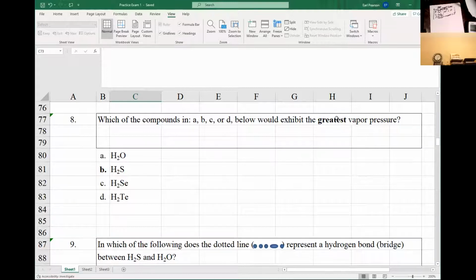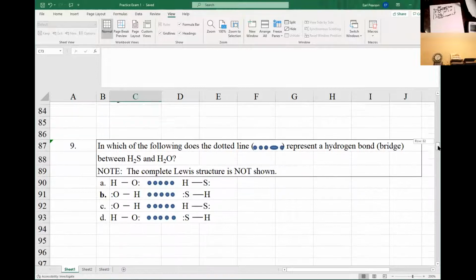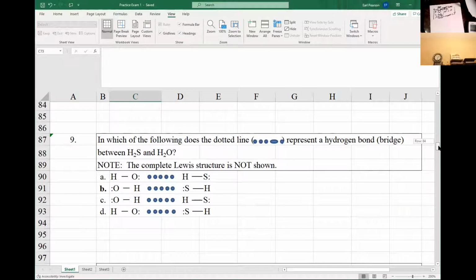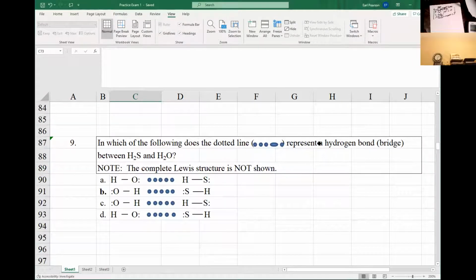Now remember, vapor pressure goes opposite to intermolecular force. So you have to first look at that, and then you can tell. Okay? So let's go on to the next one. Which of the following represents a hydrogen bridge, these dots? The complete Lewis dot structure is not shown, but what you do need to understand is that a line between two atoms is the covalent bond between the two atoms.